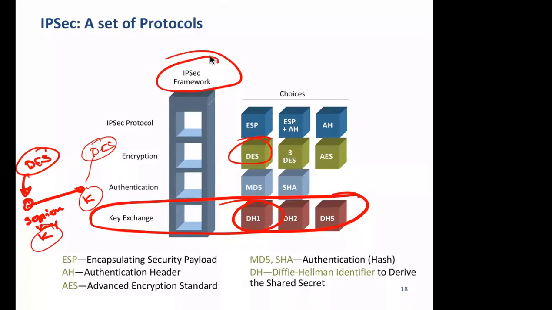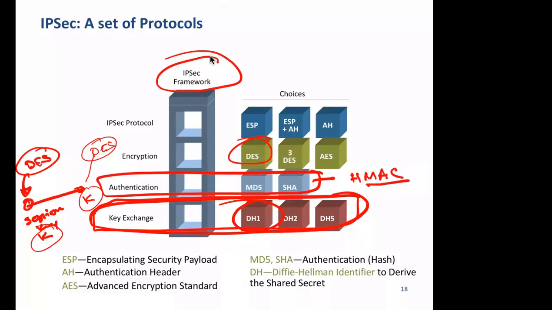Nevertheless, the first thing is to have a session key. Then for authentication we use HMAC, message authentication codes, and within that we use MD5 or SHA, and then sign with a private key. You remember it. For encryption we can use any one of DES, 3DES or AES.